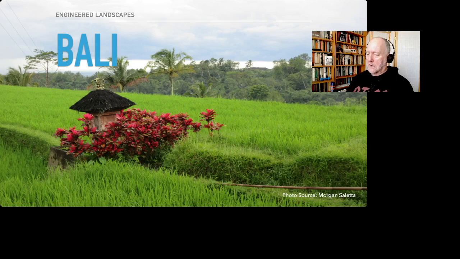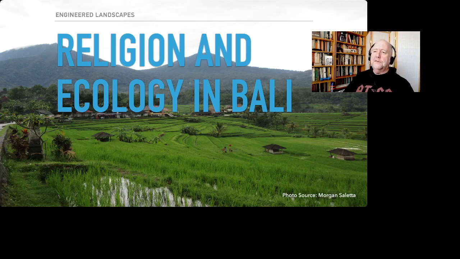Some of the rice terraces have been farmed for around 1,000 years. And while there's plenty of water running in the deep valleys, getting water to the top of the rice terraces requires a complex system of water management and irrigation. This is mostly managed by a religious set of practices, which we'll talk about.